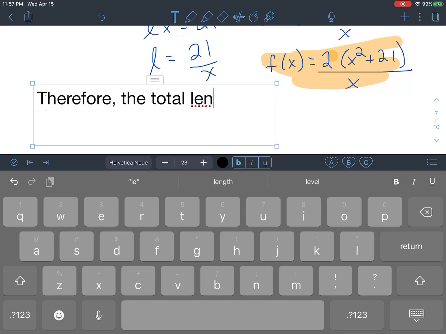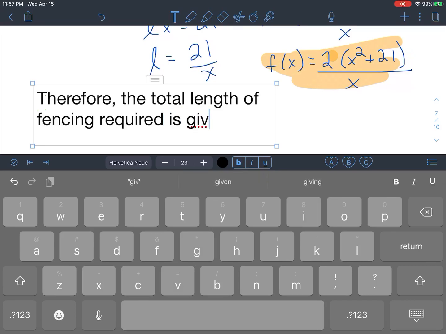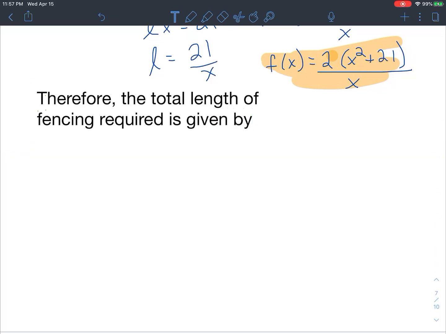The total length of fencing required is given by, I'm going to cheat here, f of x equals 2x squared plus 42 over x.